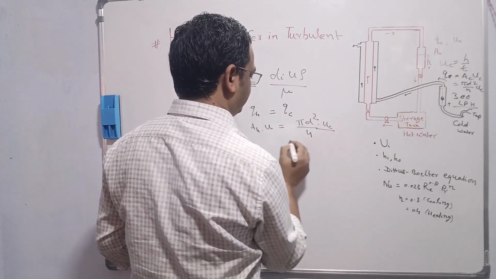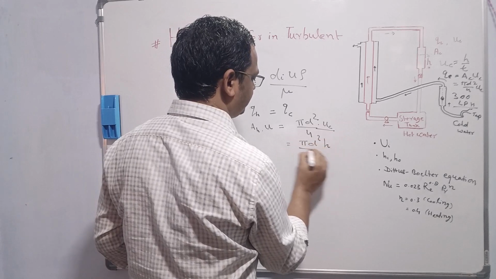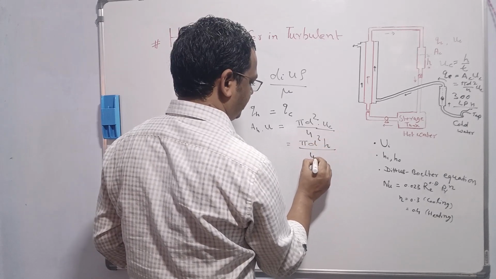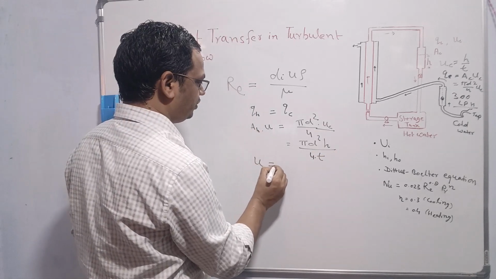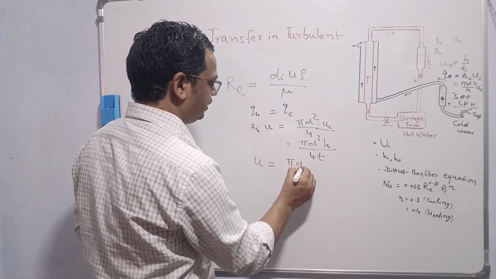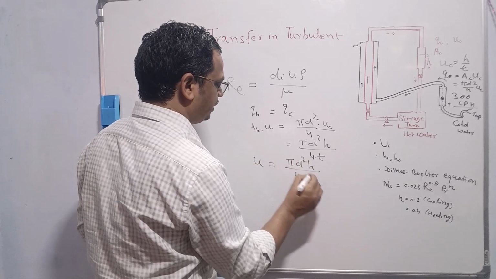So we can write here pi d square h by 4t. And from here u is equal to pi d square h by 4t into AH.